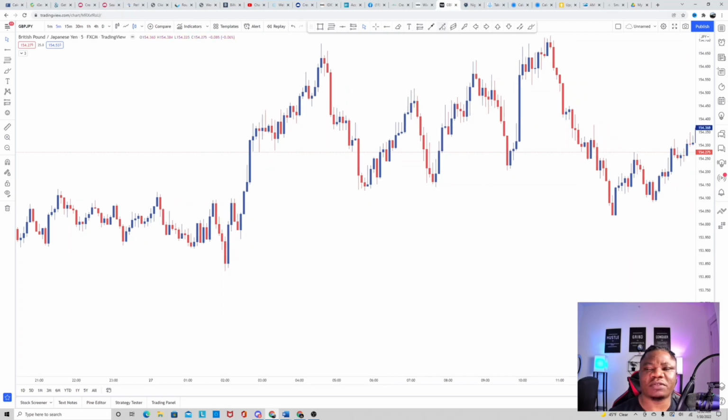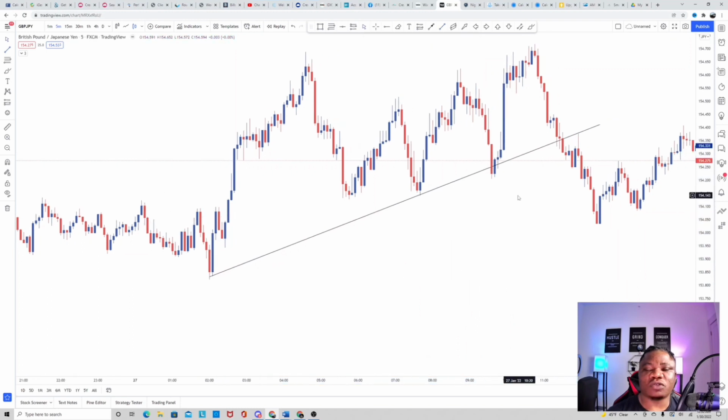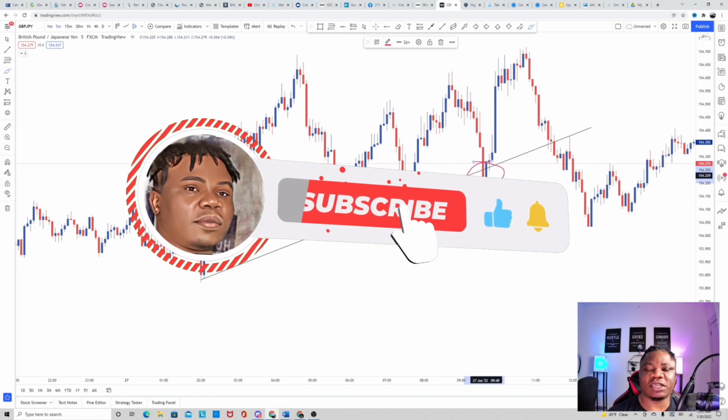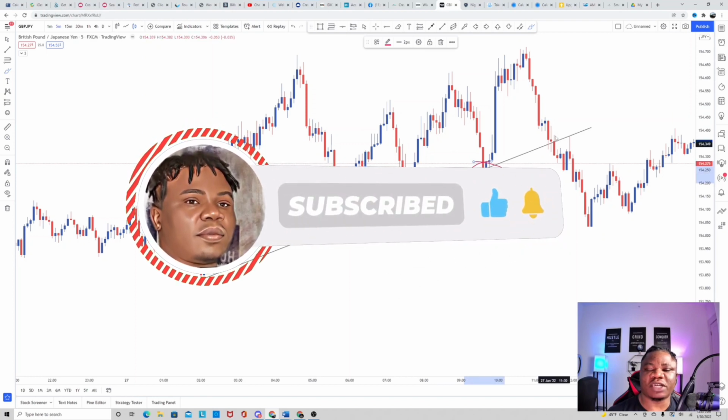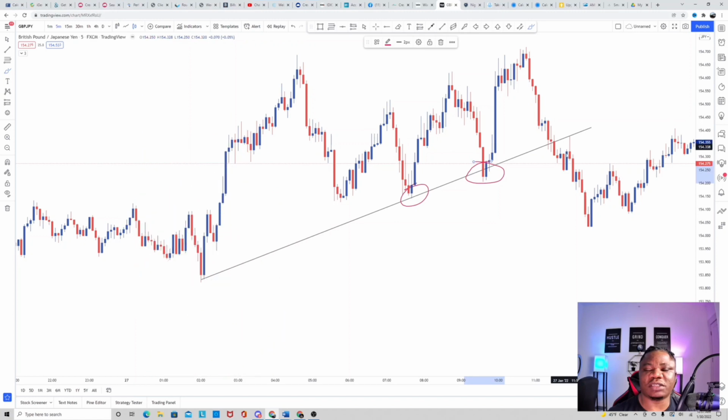If I pull out my trend line tool here, we can see that we actually had two entries right here. We had an entry right here to take a buy position, and we have another one here because price bounced off our trend line at point B and it bounced off again at point C. But right here we can see price broke this point D, and we can see a sell.